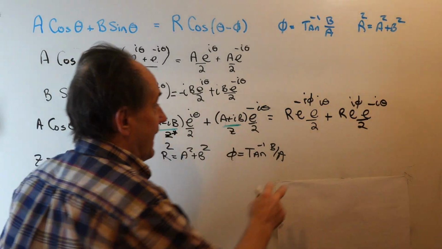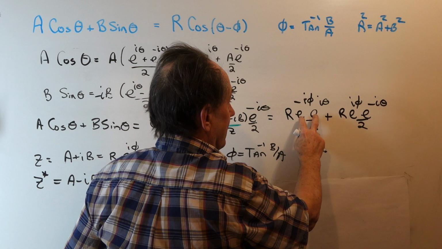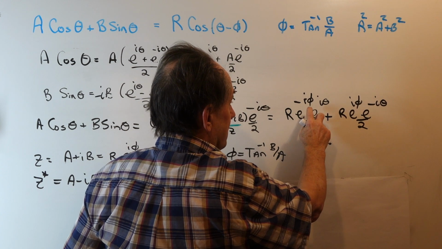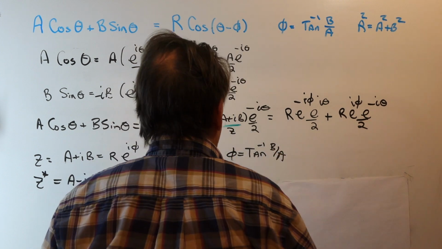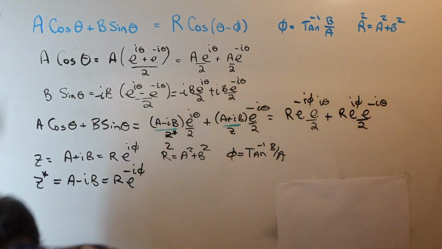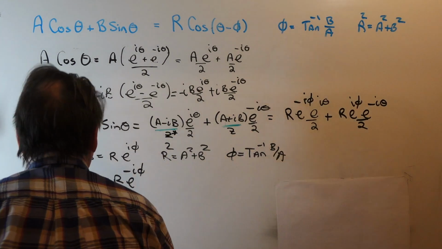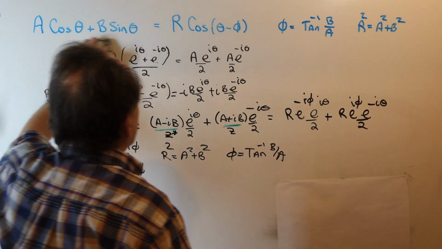Now, when we have a product of two exponentials at the same base, or a number at the same base raised to some power, we add the powers. So we can write this now in this fashion, combining the exponents. I will put that up here.